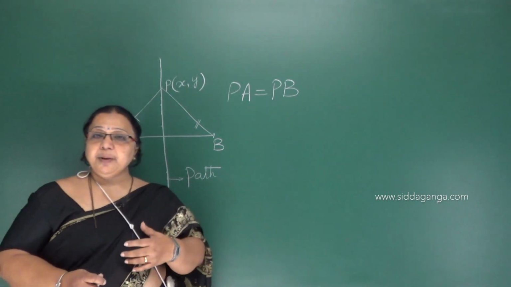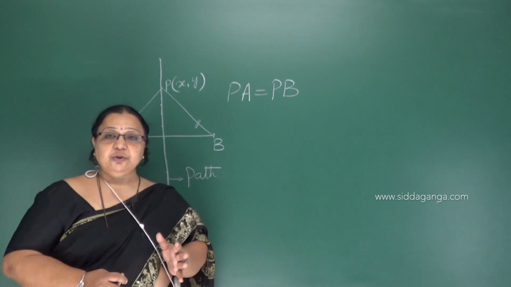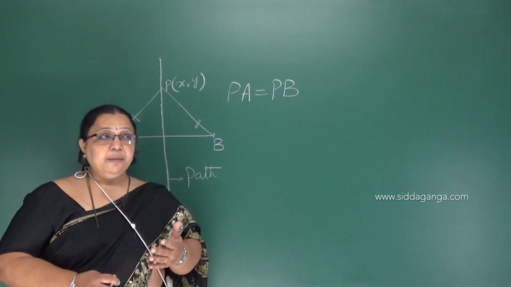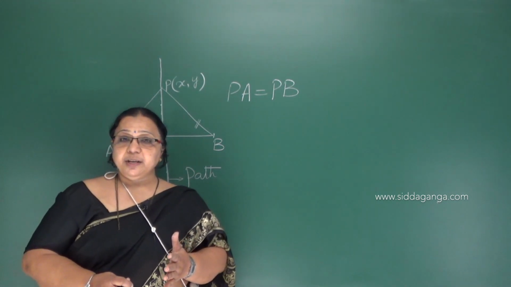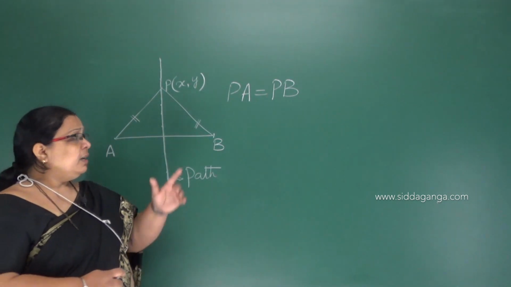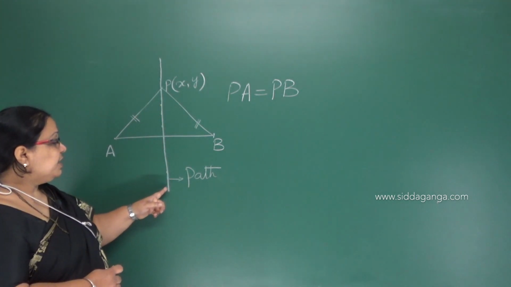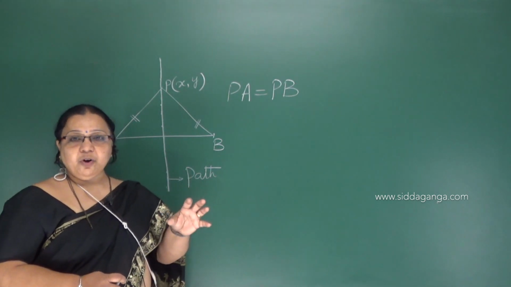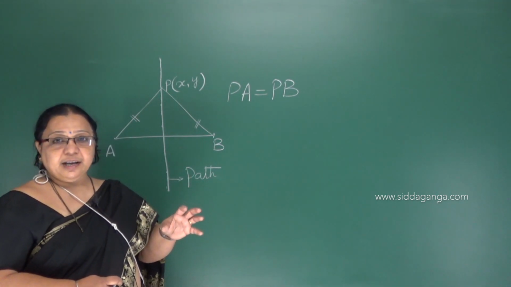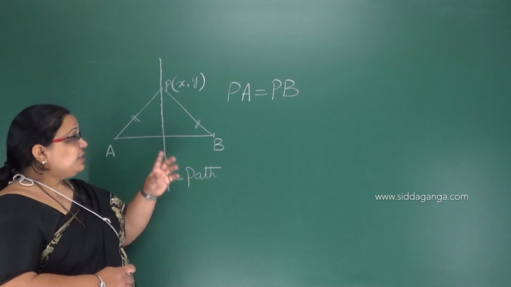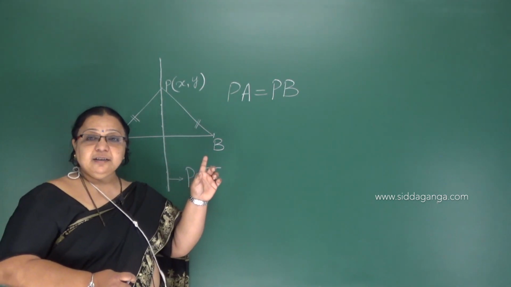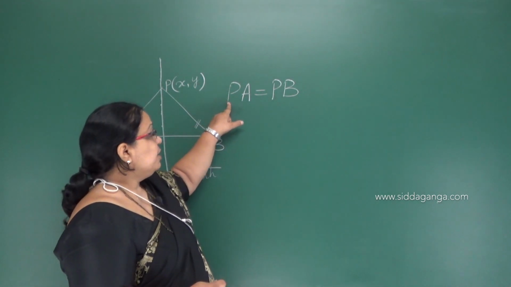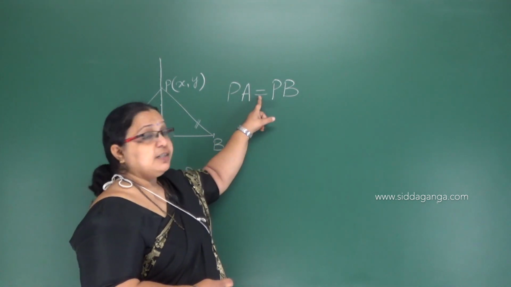So that is the method to get the equation of the locus. Now let us come to the main chapter, that is about a straight line. Here this particular figure is nothing but a straight line. So therefore in terms of locus of a point, we can define a straight line as the set of points in the plane under the geometrical condition that its distance from the two fixed points are same.